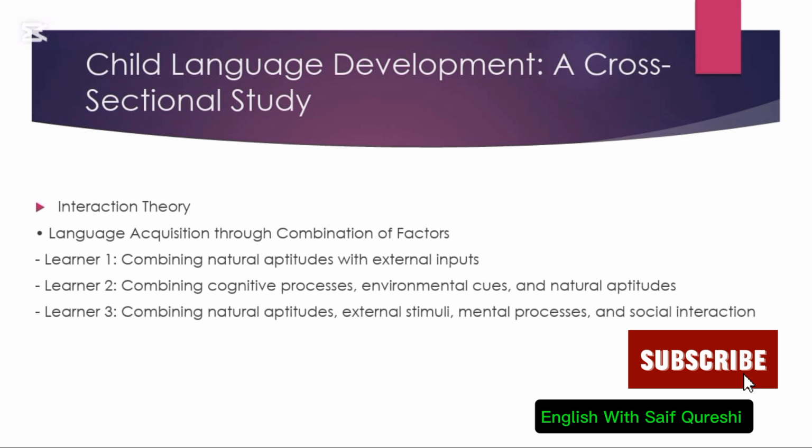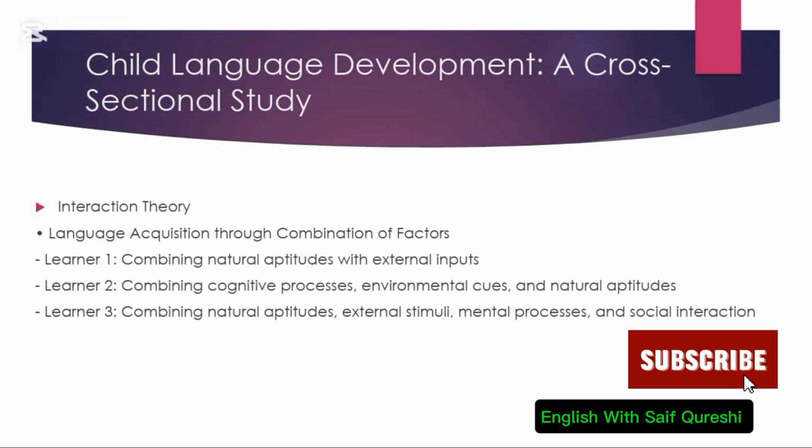Learner 1, combining natural aptitudes with external inputs. It means that learner 1, whose age is 3 to 4 years, combines natural ability with what they hear.